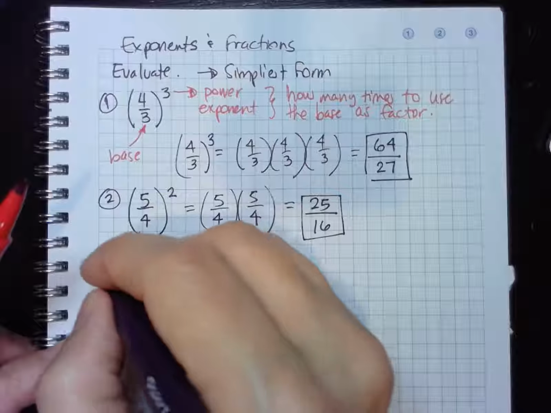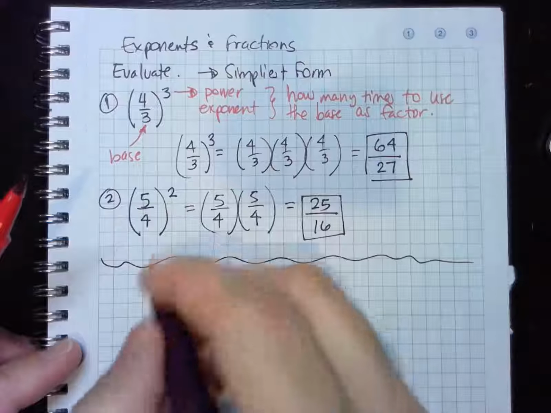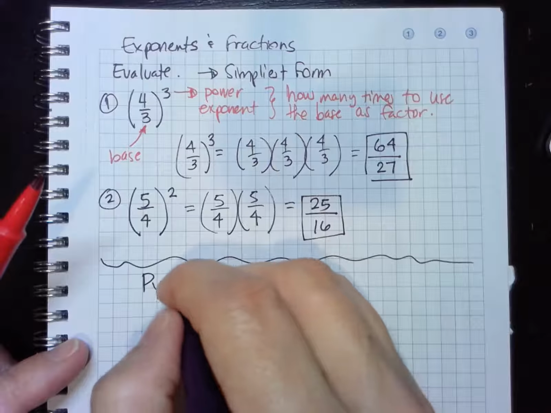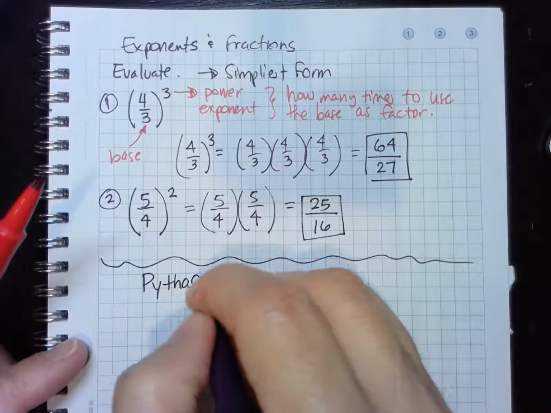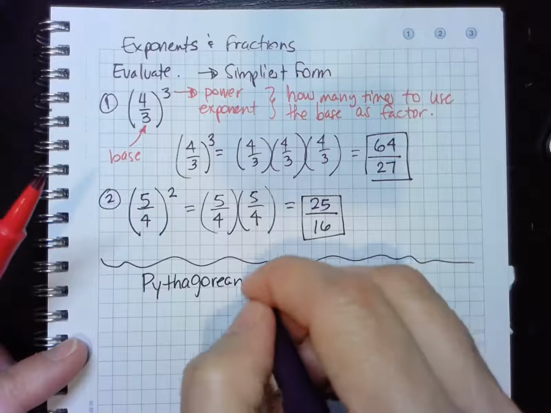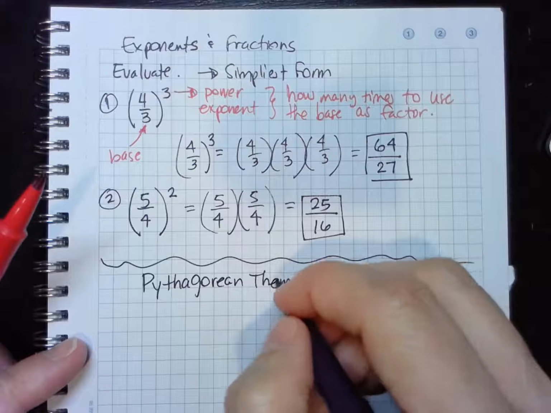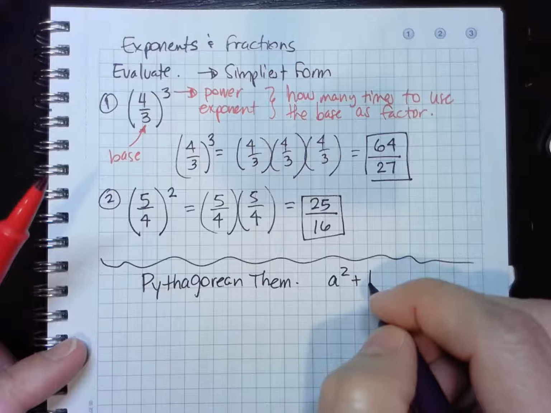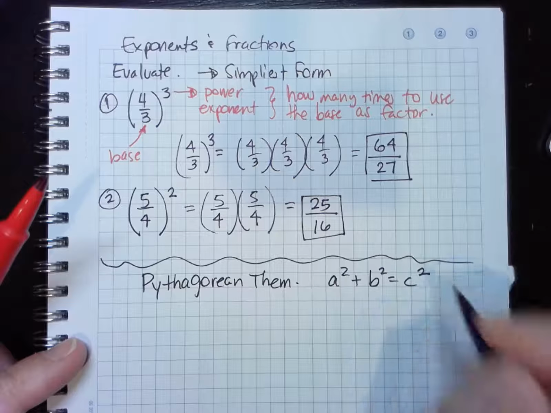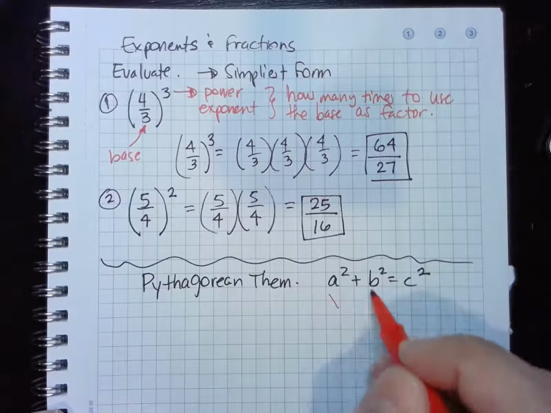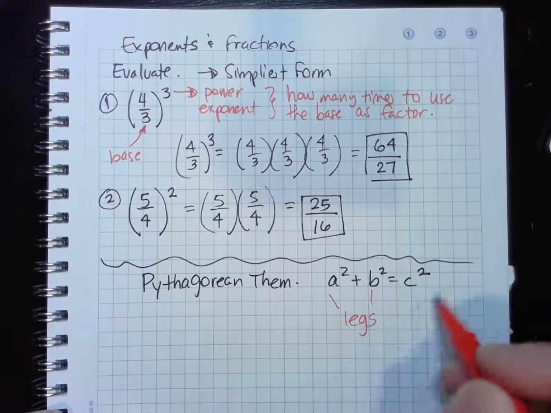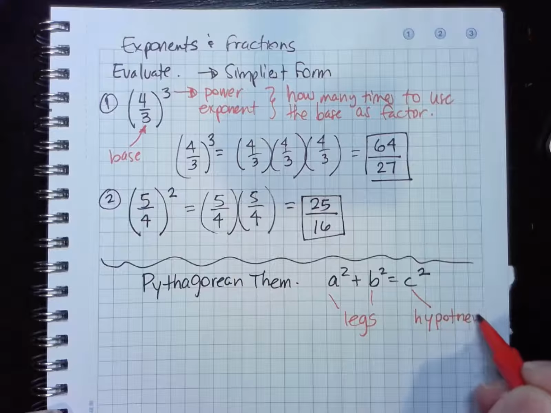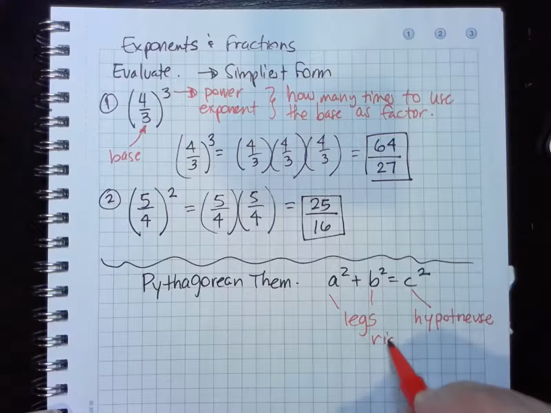I'd also like to take this a little bit more into the Pythagorean theorem. The Pythagorean theorem says that a squared plus b squared is equal to c squared, where a and b are legs and c is the hypotenuse of a right triangle.